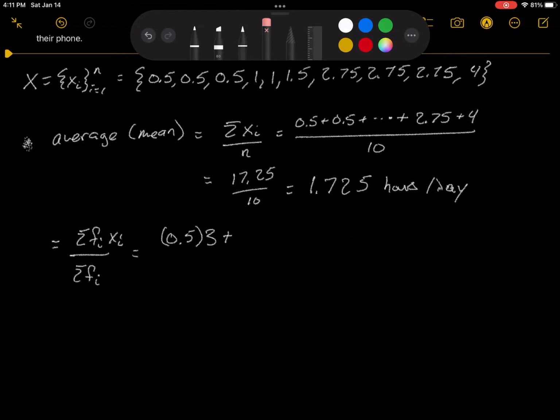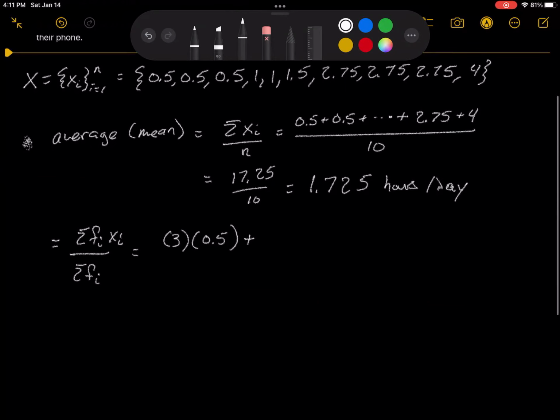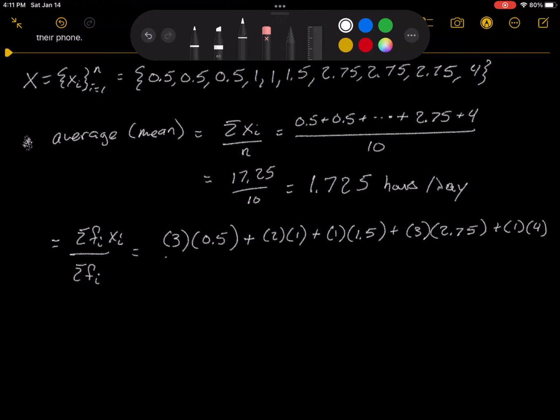I'll stick to the same order: it's the frequency of 3 times the value of 0.5. 3 people said that they use their phone half an hour per day. And I add to that the next data point and its frequency. So we have 2 people that say that they use their phone 1 hour per day. We only have 1 that responded with 1.5 hours. We have 3 that responded with 2.75 hours. And we have 1 that said 4 hours.